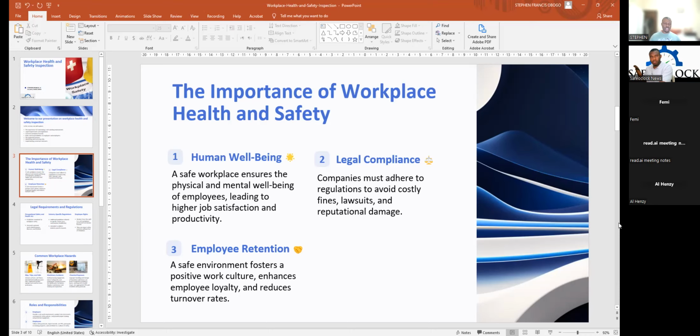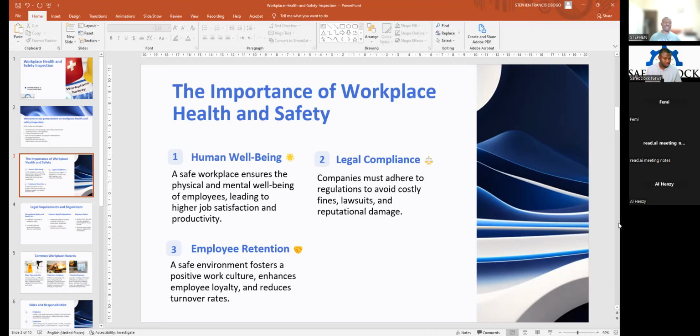So the third point here is employee retention. A company that is well organized, that has regular workplace inspection, you see that the environment will be safe for workers. A safe environment fosters a positive work culture, enhances employee loyalty, and reduces turnover rates. Because when the environment is safe, people are happy to come to work.